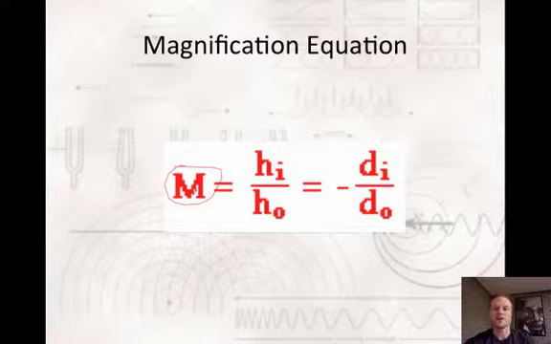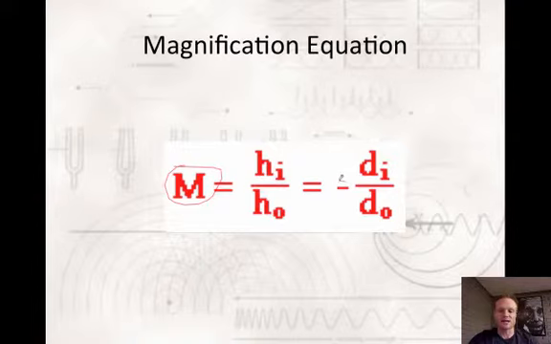If you have a whole number, say 4, that means the image is going to appear 4 times bigger than the actual size of the object. That magnification equals the height of the image, h sub i, over the height of the object, h sub o. That also equals the distance the image is from the lens, d sub i, divided by the distance the object is from the lens, d sub o.